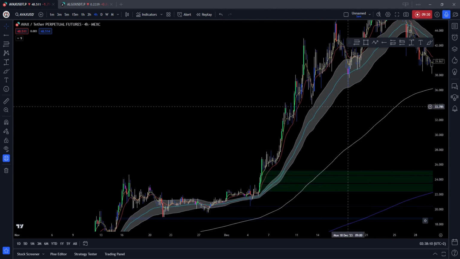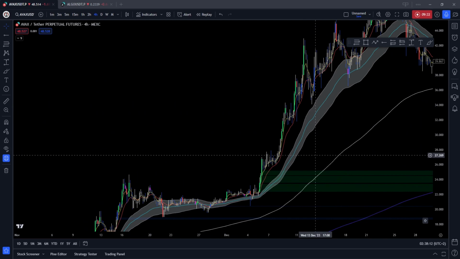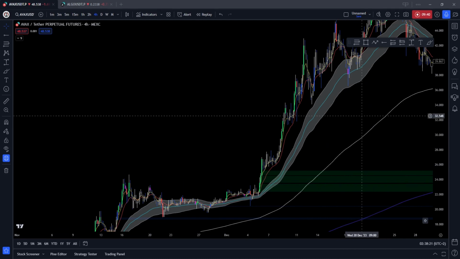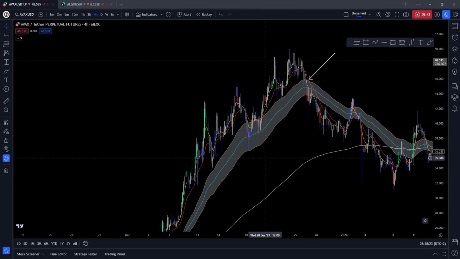You're waiting for a peak formation to form before you can short it, or you're waiting for some type of confluence. This is just going to be one of the confluences that you use to build up your entry.